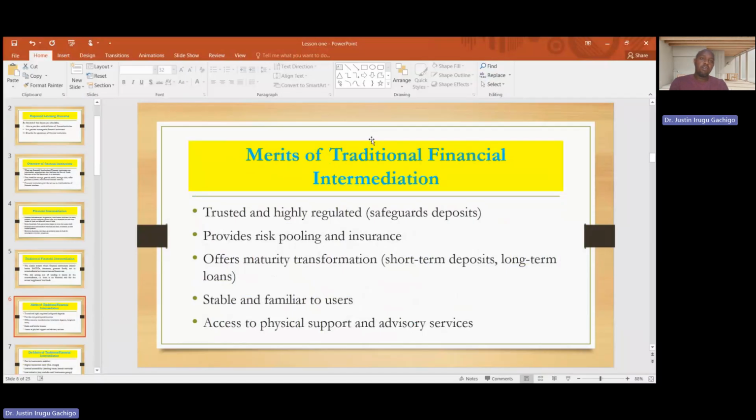The other one is that they offer maturity transformation. That is, they convert short-term deposits into long-term loans. Those deposits that we normally give the bank, they collect from various people, me, you, the other person. So those deposits, the bank is able to convert them to long-term loans. So I deposit the money, let's say 100,000 today, and then I will withdraw the same money after 5 days.